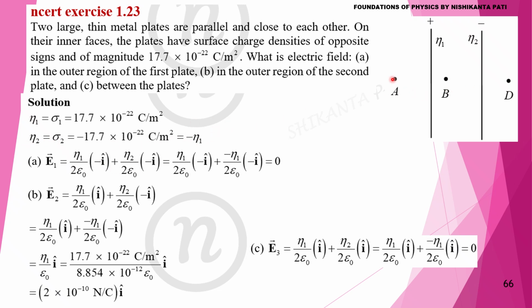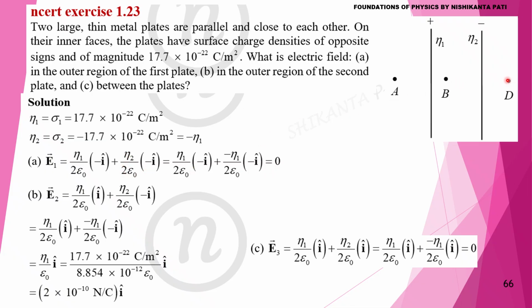The electric field on the right due to this sheet is eta 1 by 2 epsilon 0 in the minus i cap direction. The electric field on the right due to this sheet is eta 2 by 2 epsilon 0 in the minus i cap direction. So the total electric field on the right due to the two sheets is eta 1 by 2 epsilon 0 minus i cap plus eta 2 by 2 epsilon 0 minus i cap, and it is coming 0.